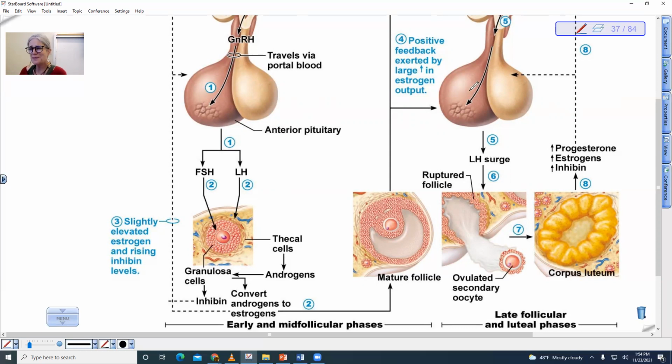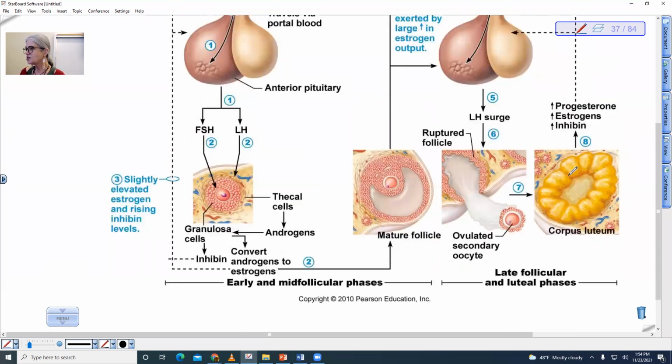So polycystic ovaries can be painful actually as well. Supposedly we can feel a little bit of a tinge, a little bit of pain when that oocyte is released, and supposedly polycystic ovaries are also painful. And you can see polycystic ovaries using an ultrasound.